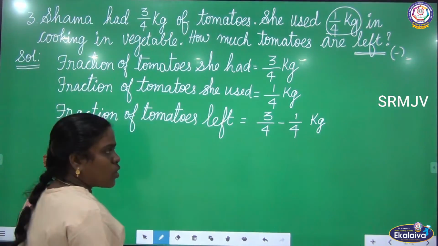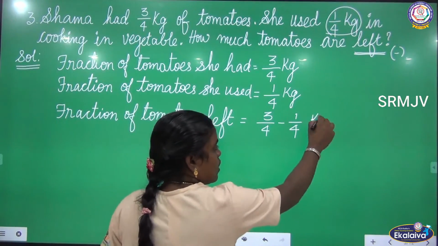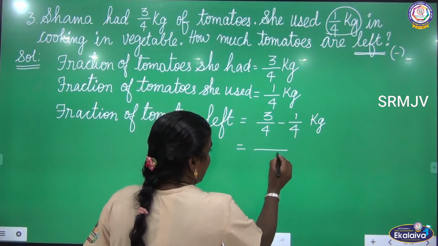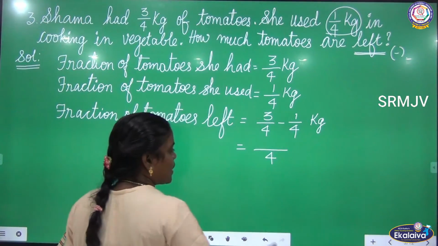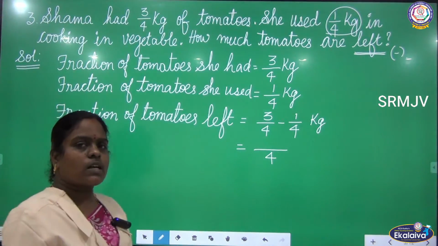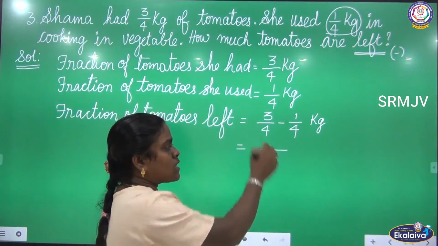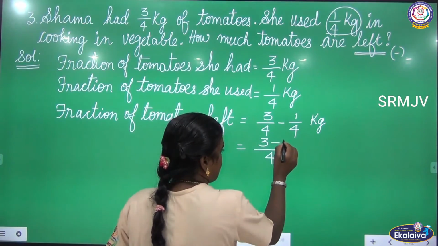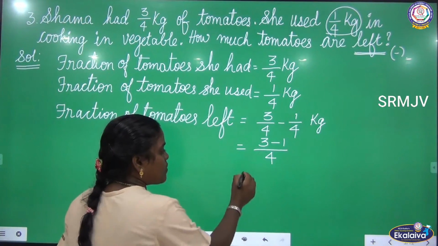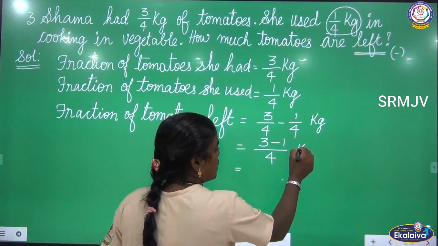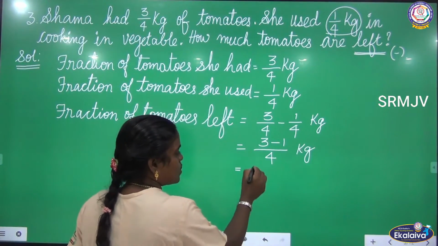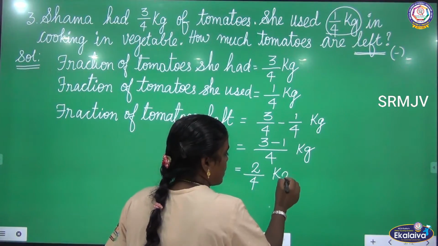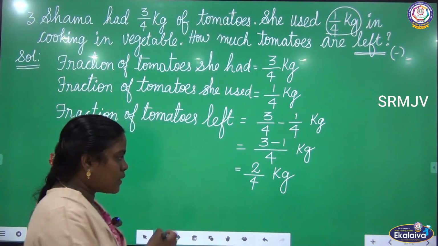Here the unit is common, so we can write in common. Now we are going to subtract only the numerator because the denominators are same. Here the fractions are like fractions. So subtract 3 and 1. What will you get if you subtract 3 and 1? It is 2. 2/4 kilogram. Look at the fraction, children.